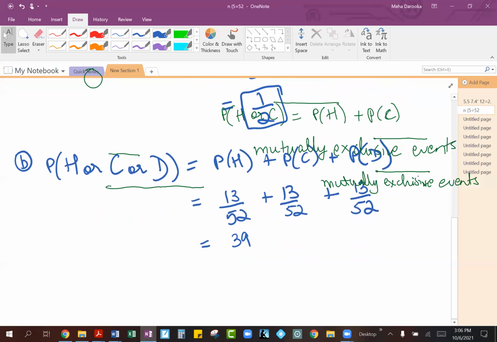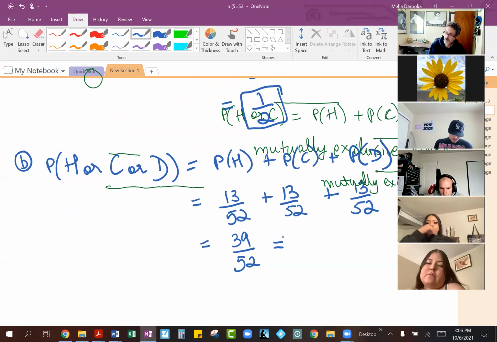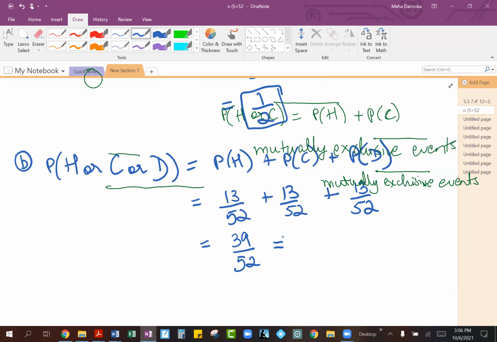And again, we will be able to reduce this down. So what would be common between 39 and 52? 0.75. Yeah, actually 13 is common between both of them.